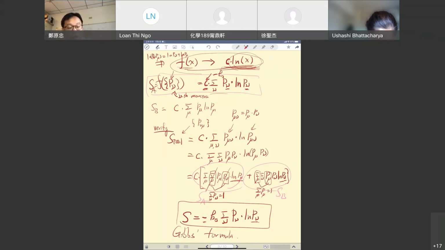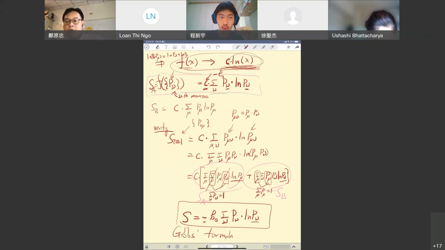And this entropy function, or this Gibbs entropy formula, actually can be applied to very general problems. Even in information theory, when people talk about Shannon entropy, it's actually a different form of the Gibbs formula to estimate entropy of anything with a distribution. From this formula, you can see that if the distribution is broader, more random, the entropy will increase, because P will decrease for each different state.